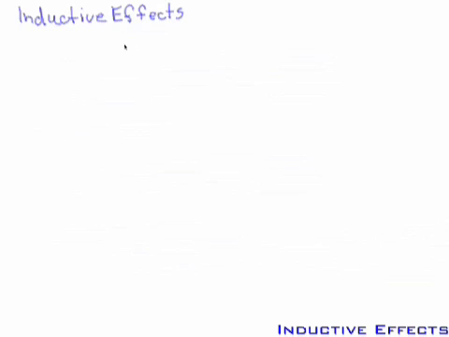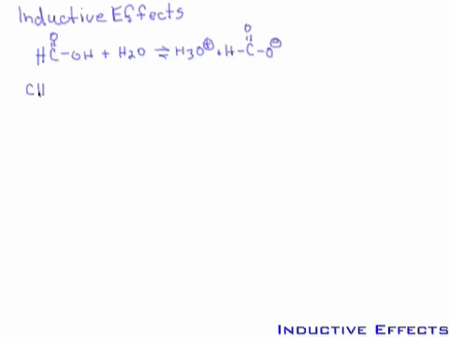For example, if I compare formic acid reacting with water, producing H3O plus and the formate anion, and I compare that to what occurs if you put a more electron donating group in.